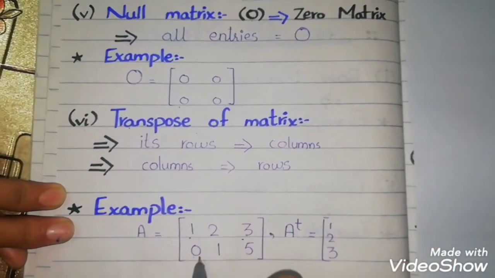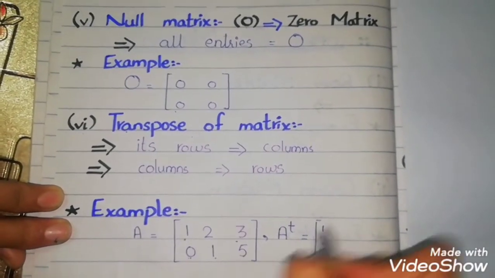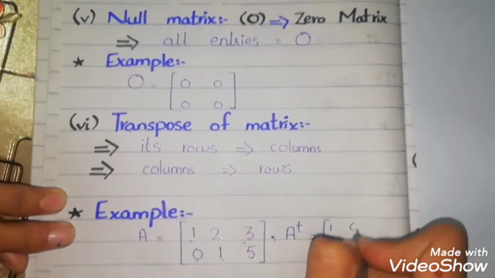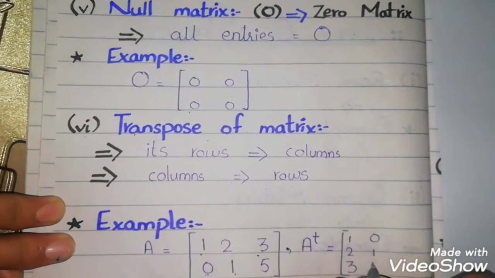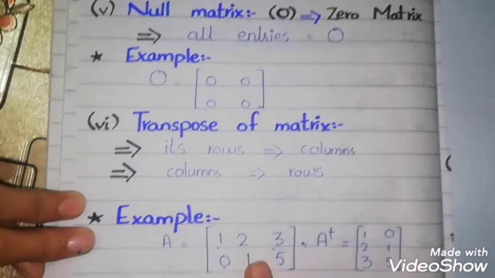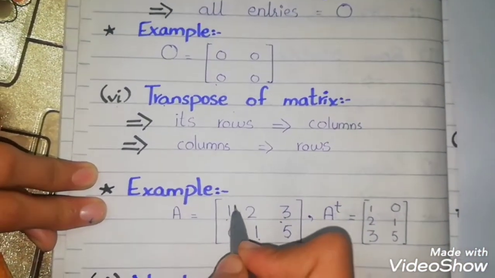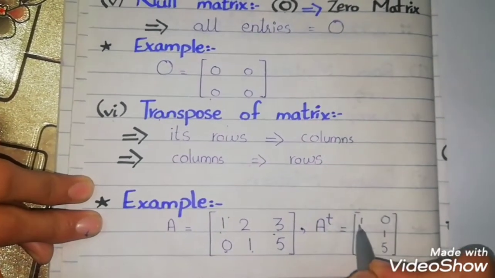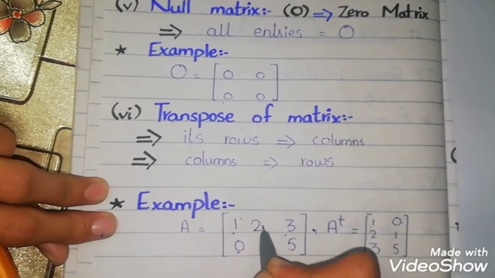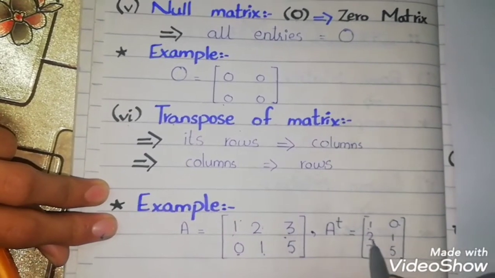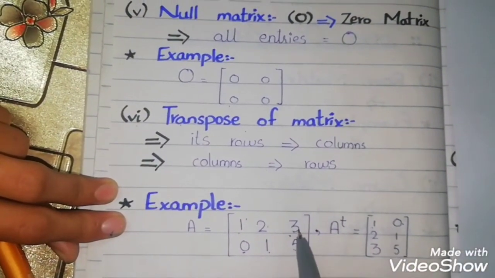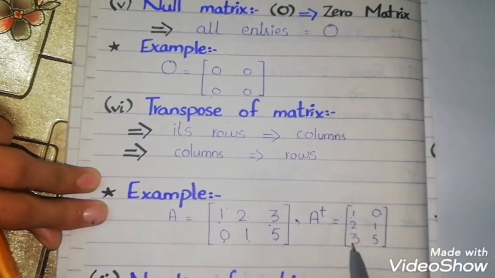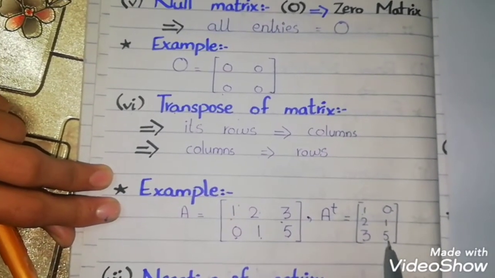And the second row 0, 1, 5 becomes second column 0, 1, 5. In this there is first column 1, 0. Here is first row 1, 0. The second column is 2, 1. Here is the second row 2, 1. The third column 3, 5 will become the row 3, 5.